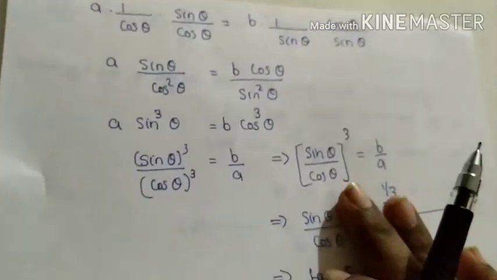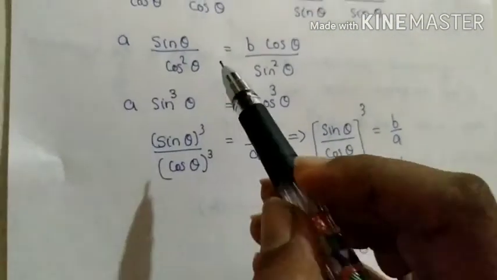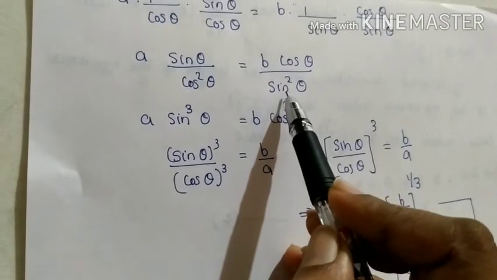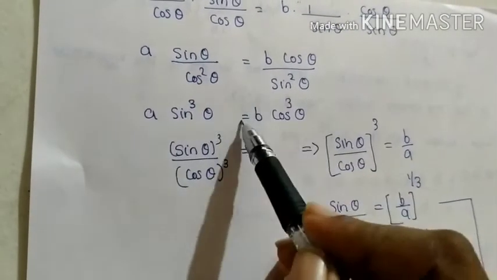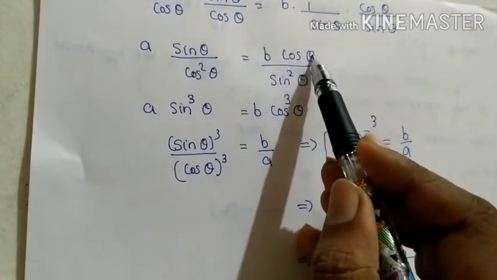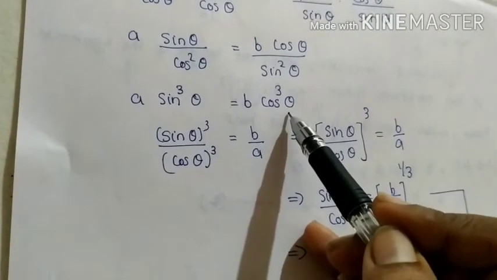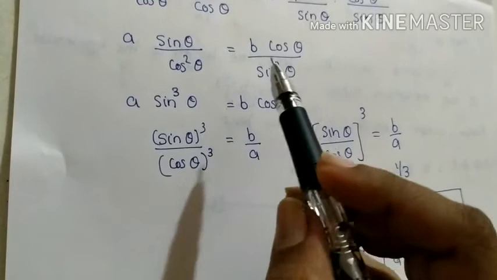Here, after cross multiplying, we get sin theta into sin square theta, which becomes sin cube theta. A sin cube theta equals B into cos square theta into cos theta, which becomes cos cube theta.